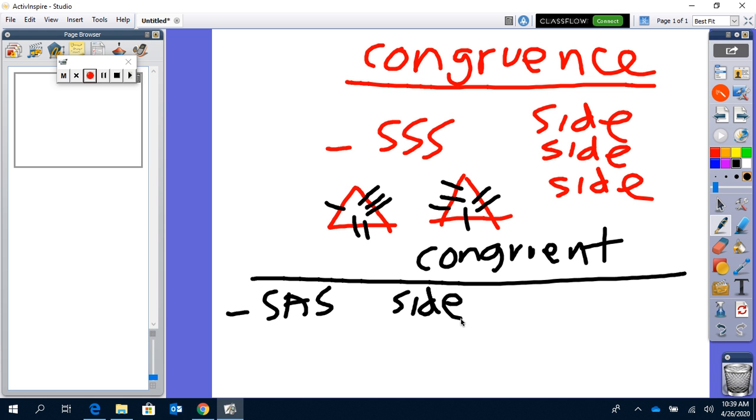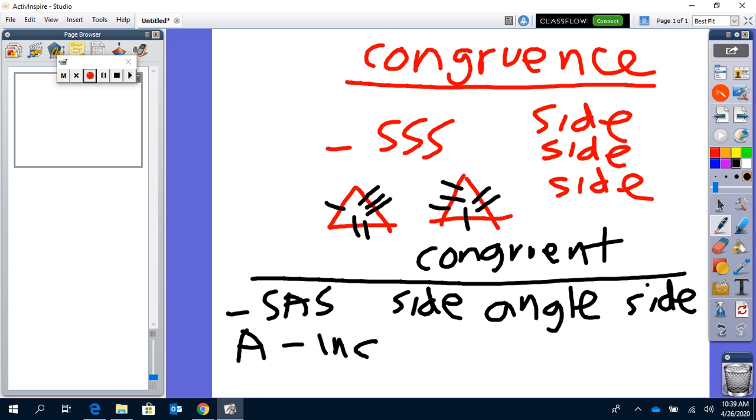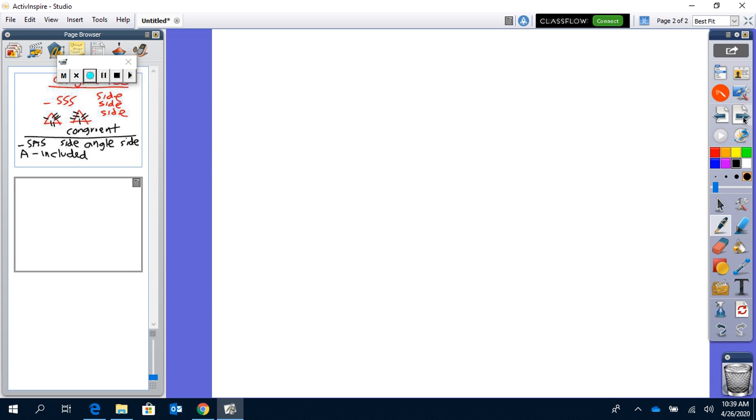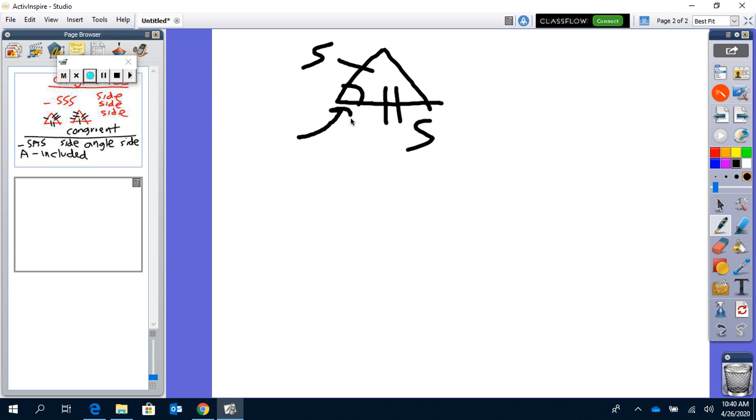And the second one, if you remember, was SAS. That's side, angle, side. And here the angle has to be included. So, for example, here we have two sides, S, S, and here we have A. The angle is included.